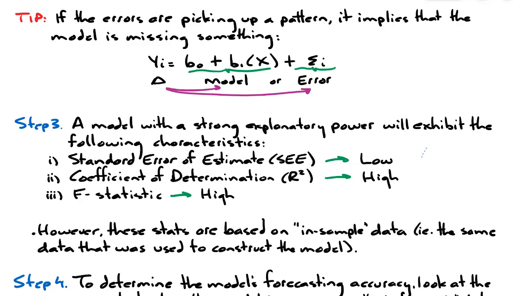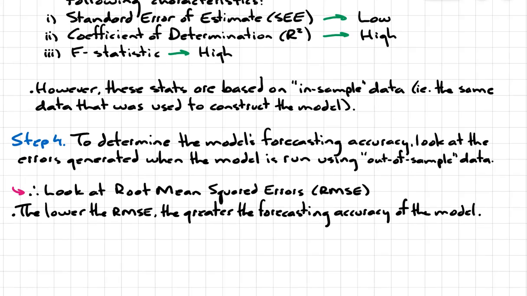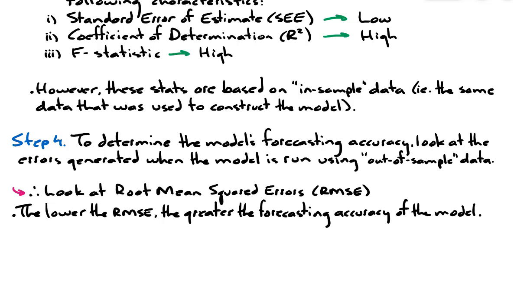So of course the in-sample data is going to result in some very favorable numbers for these stats. But then you've got to ask yourself, and even if you're not a quant person, it's just logical: how well would this model perform using a new data set? In other words, data that wasn't used to construct these coefficients. And that's where step 4 comes in.